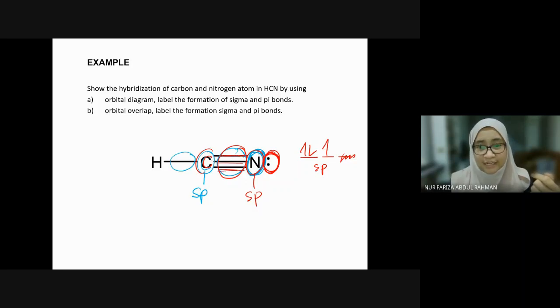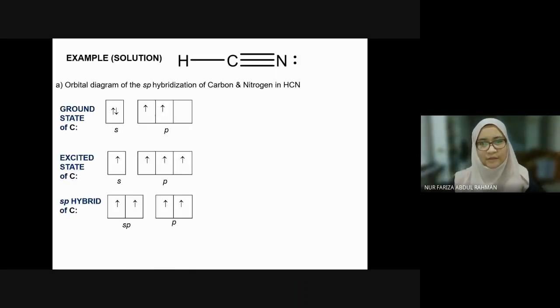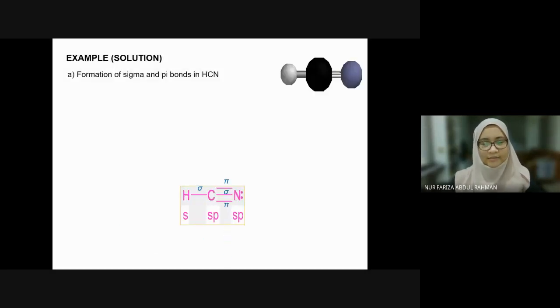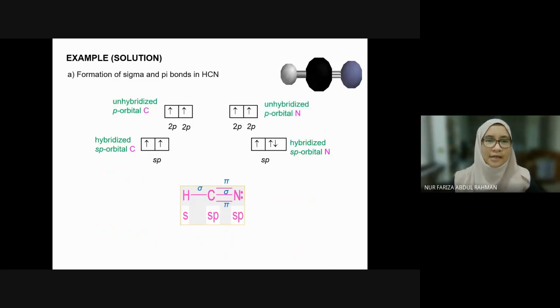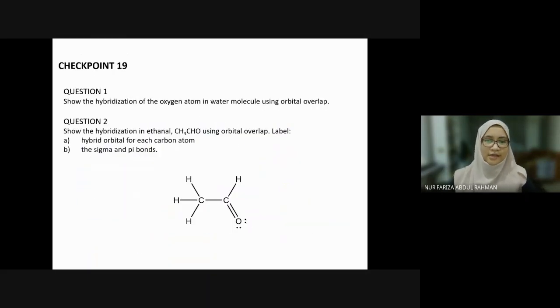Carbon, because it has a triple bond, you can imagine it will look like this, with the p orbitals left. Its s has no lone pair on it, so sp. Okay, alright. So later try to connect, and this is how you do it for N. Okay, and then connect. Luckily it's just an example. You can try to redo this question. Okay, alright. So that's all.